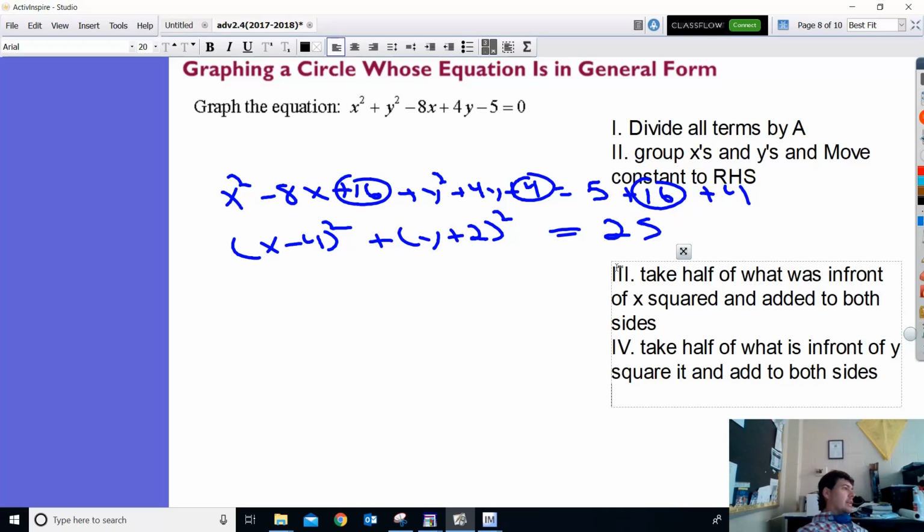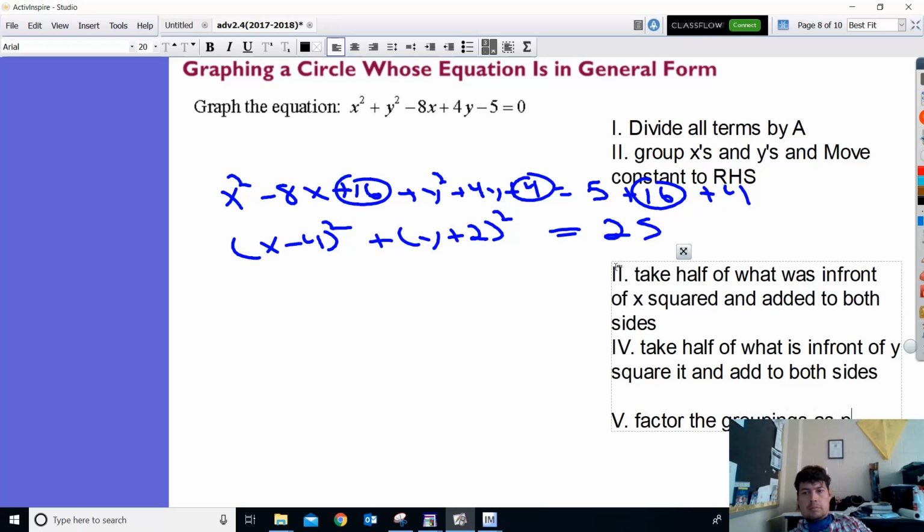And the last thing I did is I factored the grouping of x's and y's as perfect squares. And now, that thing is graphable.